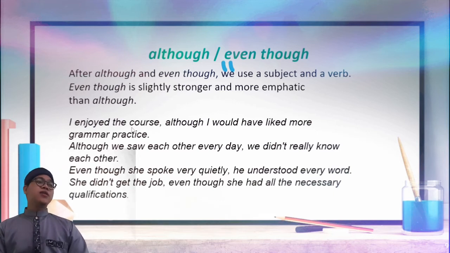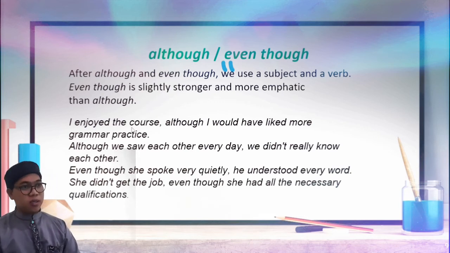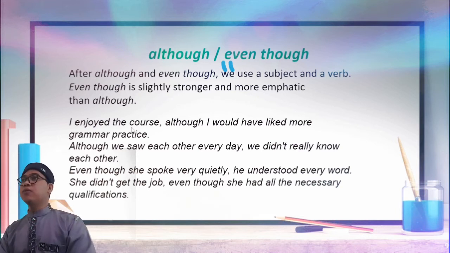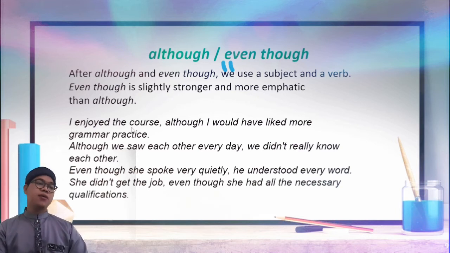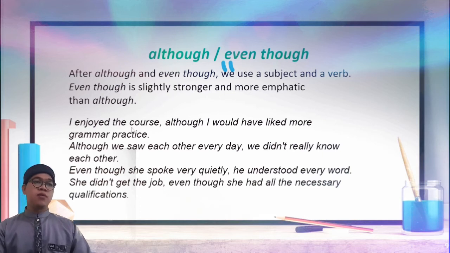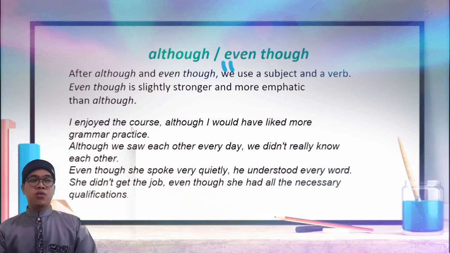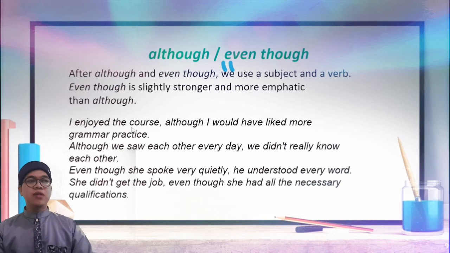She didn't get a job even though she had all the necessary qualifications. One fact followed by a surprising fact. Even though she is so amazing in the qualification, she is so smart.